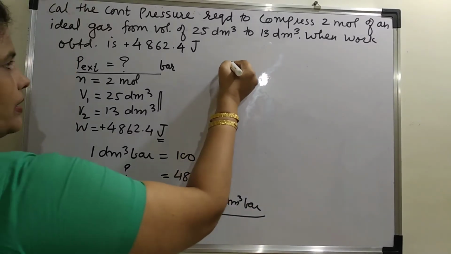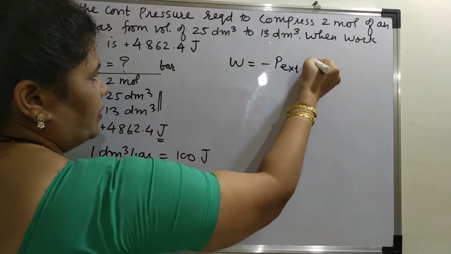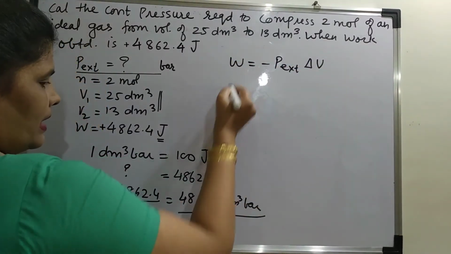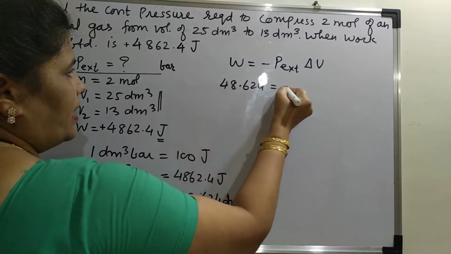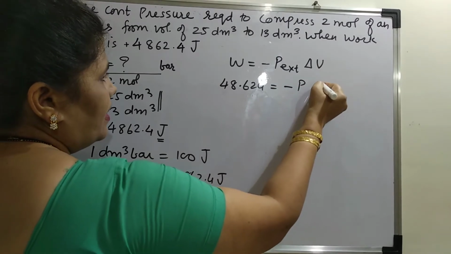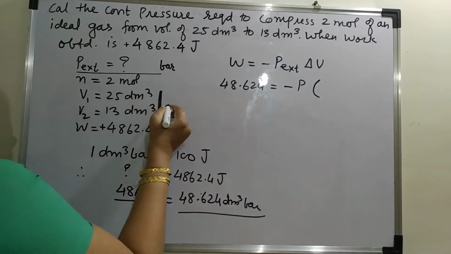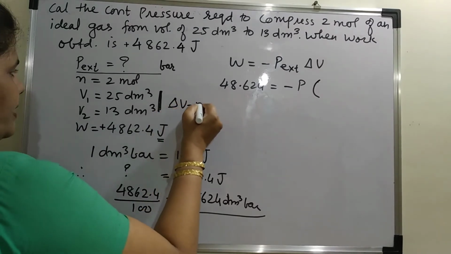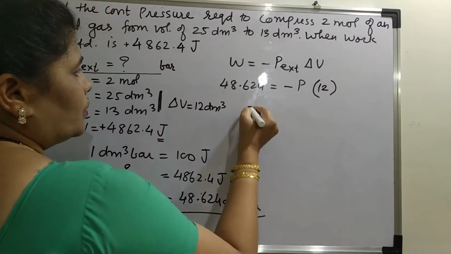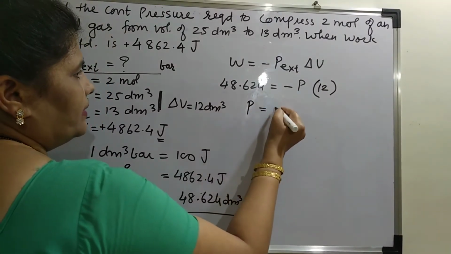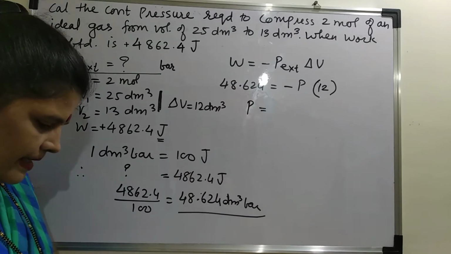Now let us go for the formula. That is W is equal to minus P external delta V. So work I will substitute: 48.624 is equal to minus P into delta V. Let us calculate delta V here. So delta V is how much, student? 12 dm cube. So it will be into 12.